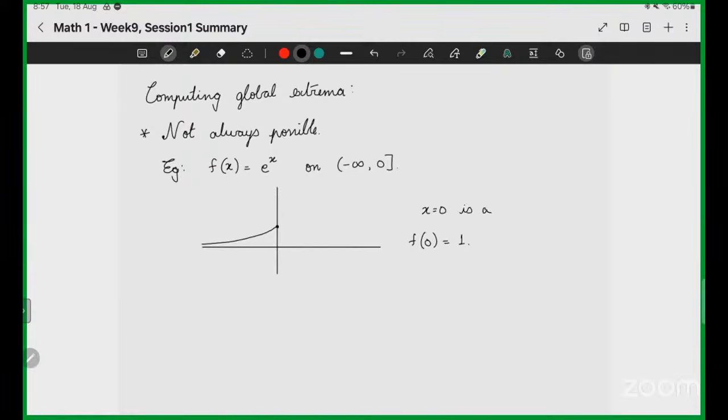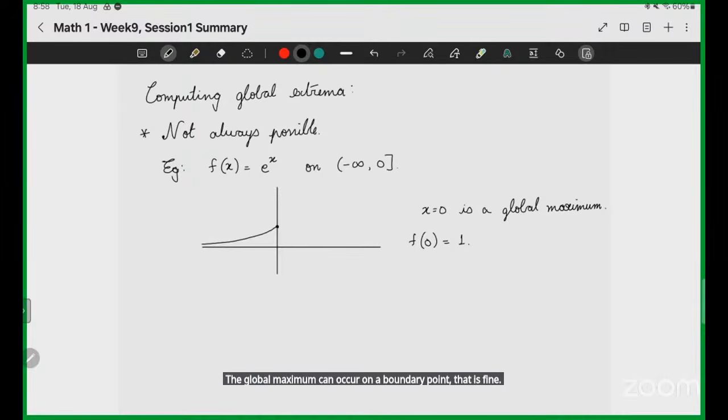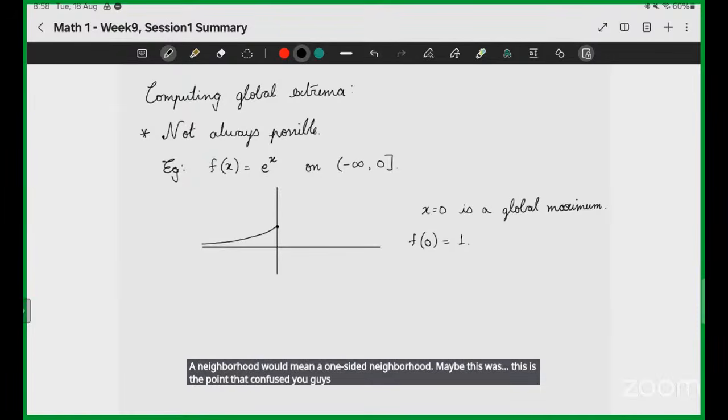It is a local as well as global maximum. The global maximum can occur on a boundary point. That is fine. So there we will just say that a neighborhood would mean a one-sided neighborhood. Maybe this is the point that confused you guys, because there is no neighborhood. There's nothing on the other side.